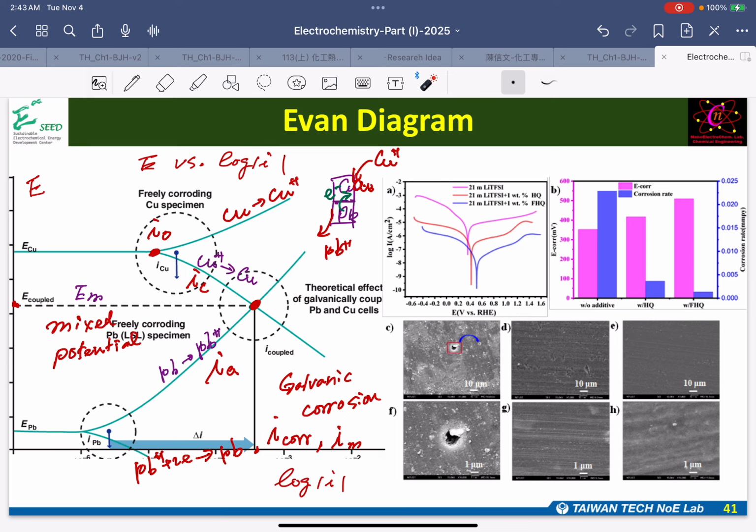So you can see the potential you obtain is E mix or E corrosion. So this E corrosion potential is for alumina corrosion. You can see that in the different cases, you get different values, and this we call E corrosion.